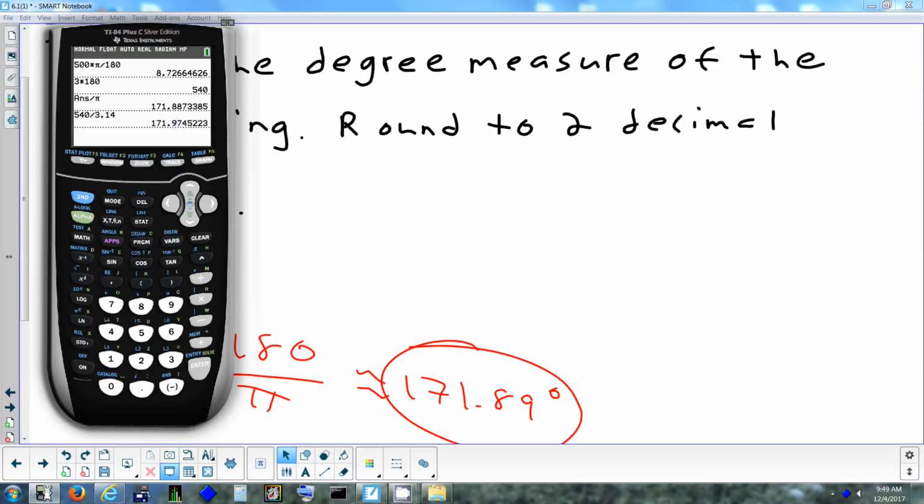Well, if you travel at a heading of 171.88 versus 171.97, by the time you get where you're going, you might be hundreds of miles off track because you traveled so far at an angle that was a little bit off. So, it makes a difference.